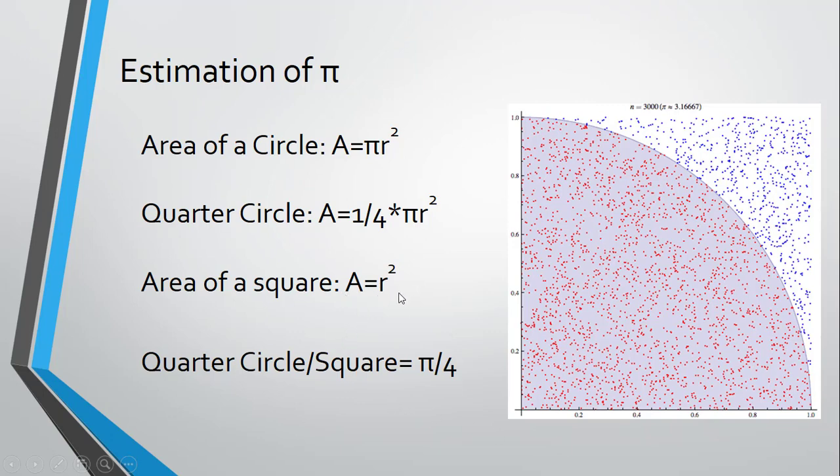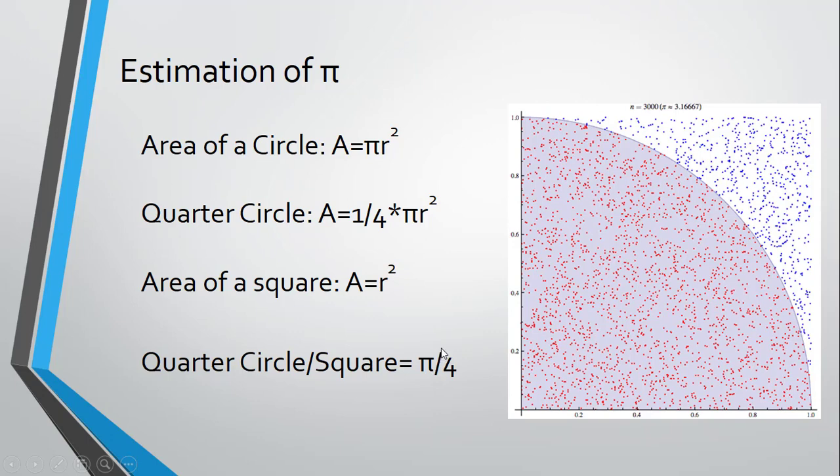If you divide the area of the quarter circle by the area of the square, the r squared cancel each other, and what you have left is 1/4 of pi, or pi over 4.